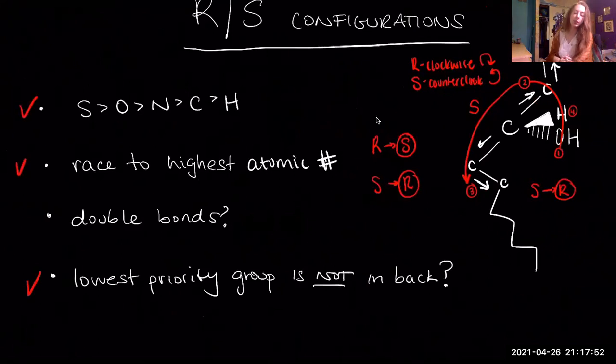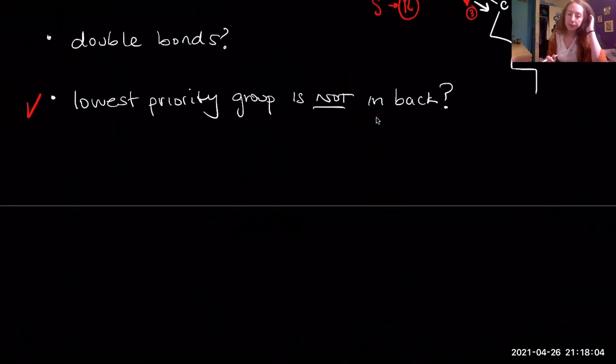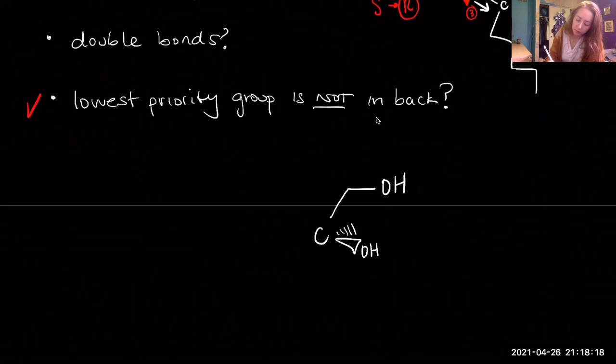Another situation is where we have double bonds. So what do double bonds mean when labeling R and S? Basically you count the atom twice. So let's say you have a situation like this.